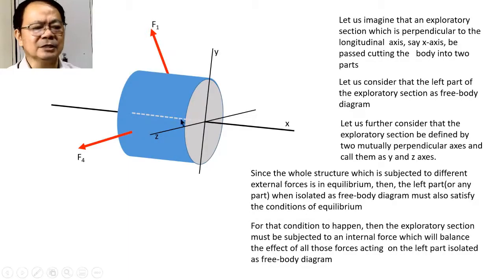And for this to maintain an equilibrium, this section which is cut by an exploratory section must be subjected to an internal force that will keep the left part in equilibrium. And imagine natin that that force is represented by this force P acting somewhere here, directed in this direction.